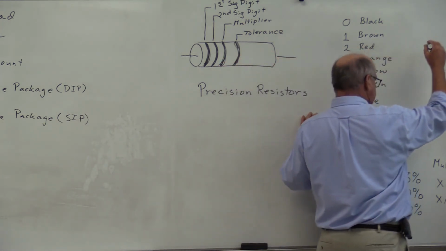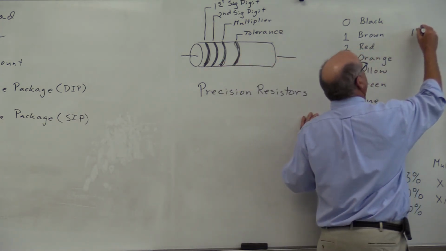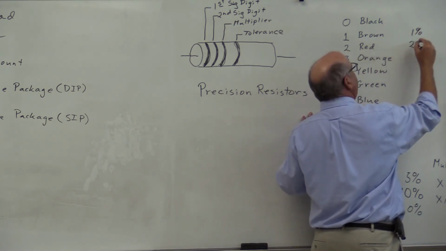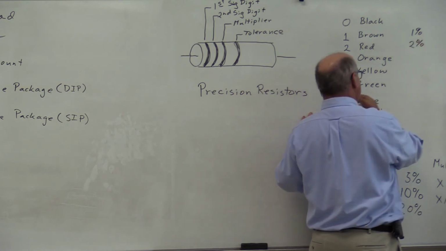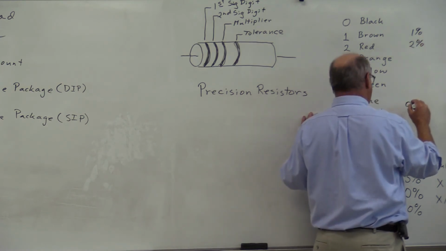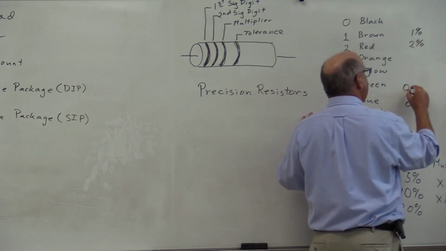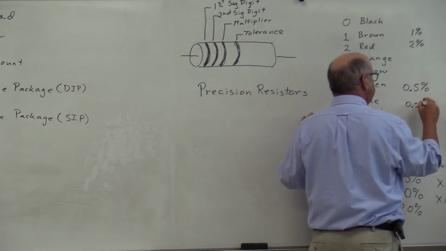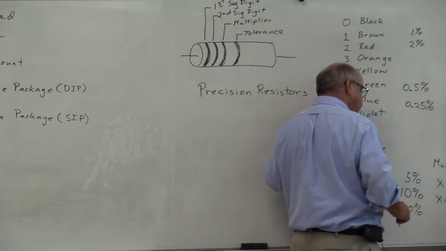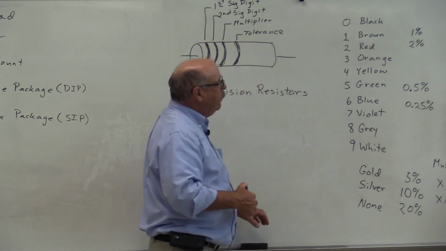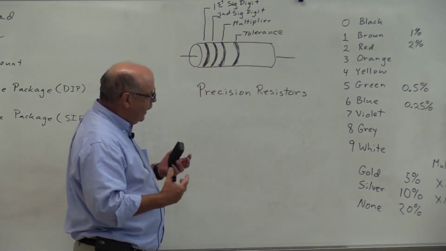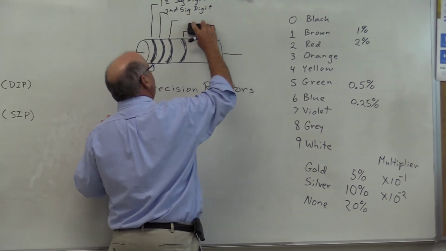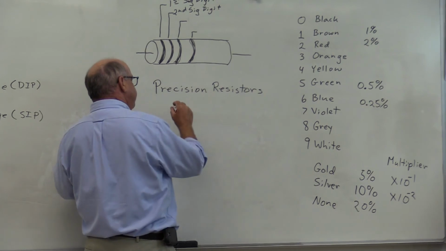So for precision resistors, a brown band represents plus or minus 1%, a red band plus or minus 2%, green plus or minus 0.5%, and blue plus or minus 0.25%. Now, when we build resistors with this type of tolerance, we can now justify a fifth band.